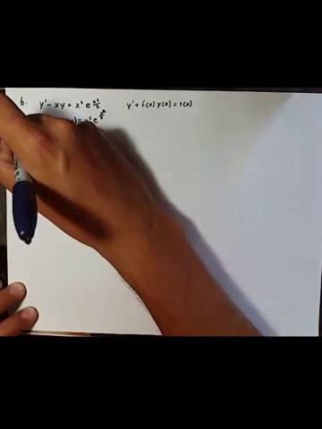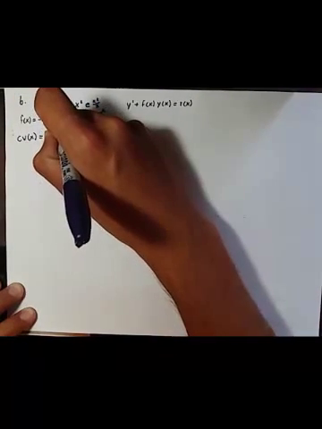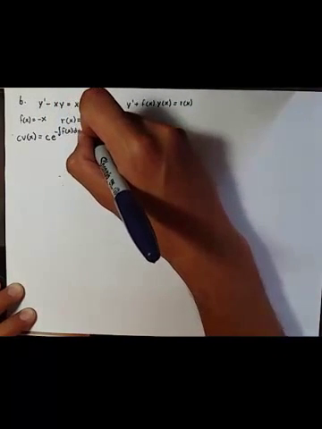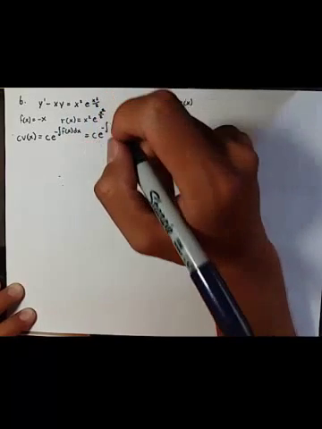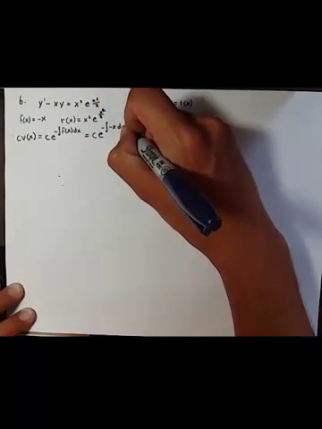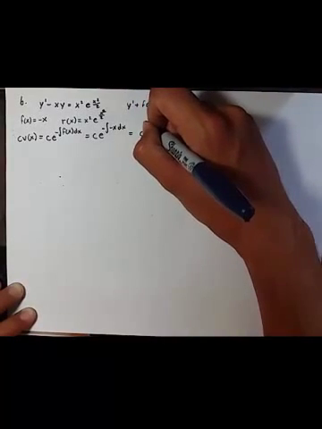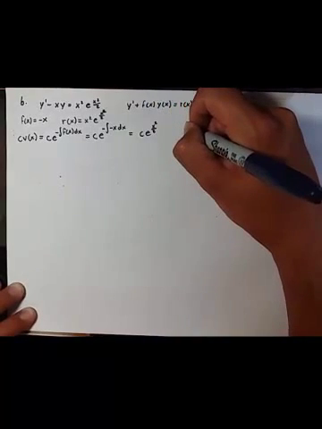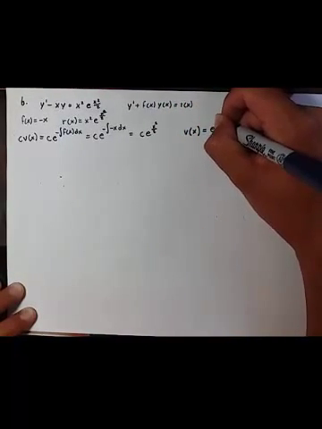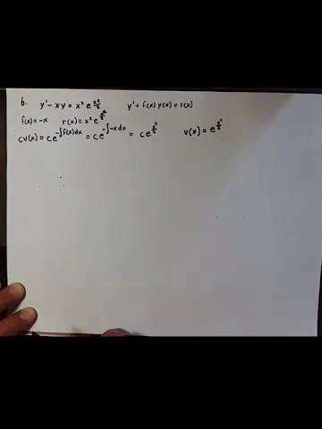We know that cv of x equals c e raised to minus the integration of f of x dx. So we know that c e to the minus integration of -x dx equals the constant times e raised to x squared over 2. And well, v of x equals the same thing without the constant.